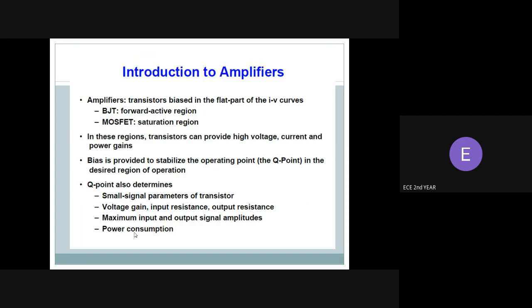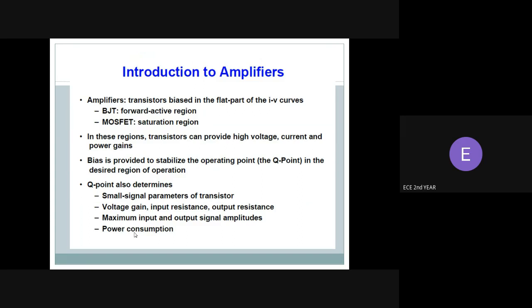Bias is provided to stabilize the operating point. The operating point is the balancing point in the desired region of operation. The operating point also determines small signal parameters of the transistor: voltage gain, input resistance and output resistance, maximum input and output signal amplitude, and power consumption.